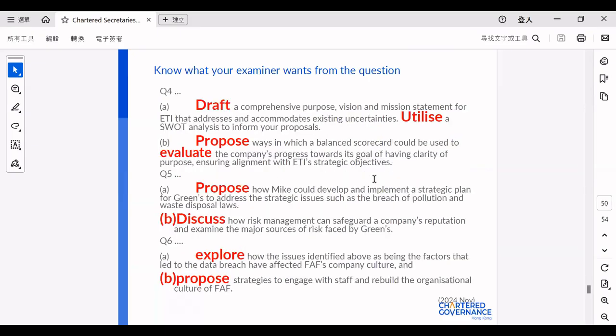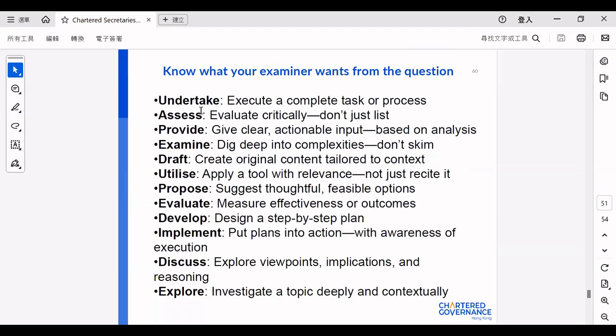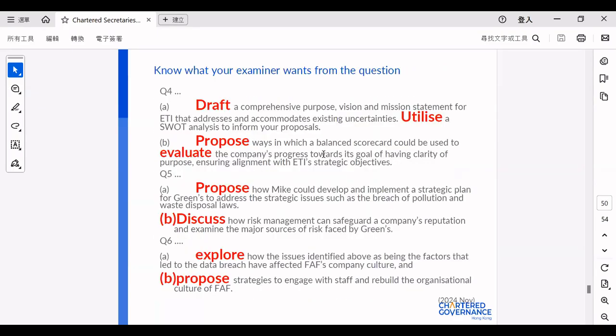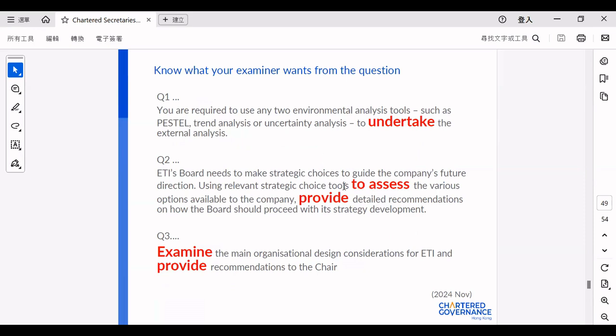So the second question in here is to assess. Assess means to evaluate critically, not just to list something. So when you are asked to assess the various options available, and later on to provide detailed recommendations, what the examiner expects from you is to evaluate the different options.